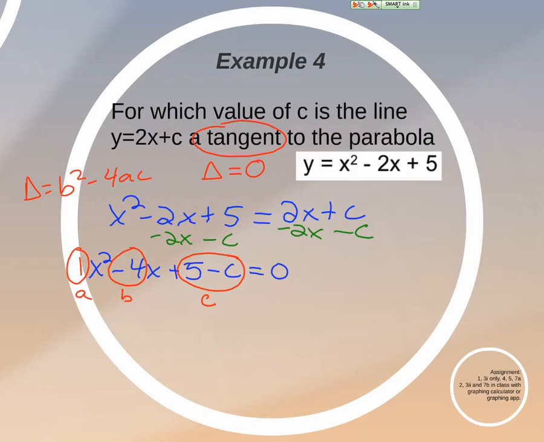Well, c is a number, so it's not going to have a variable with it, and so that will be the c for our discriminant. Are we okay? Because then we're going to plug this stuff in. So I have negative 4 squared minus 4 times 1 times 5 minus c.